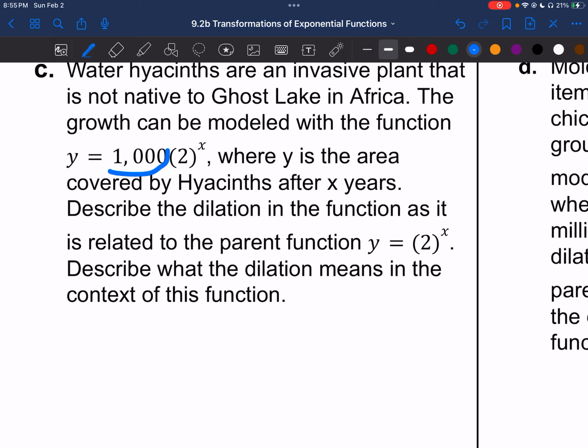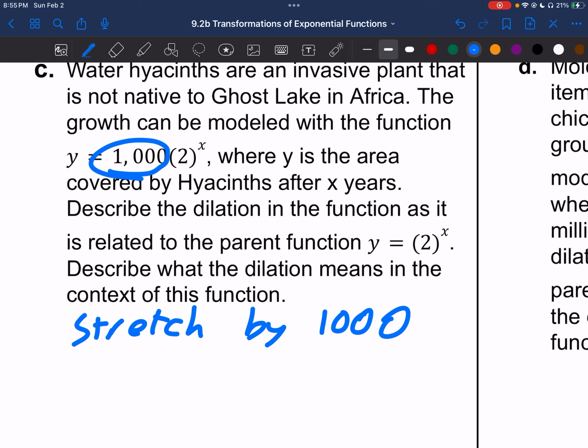So we have the dilation. It's a 1,000 there. So what are we doing? We are stretching by 1,000. Okay, and what does this mean in the original context of the equation?